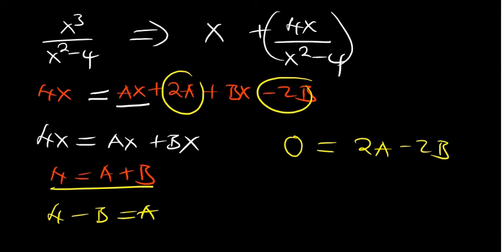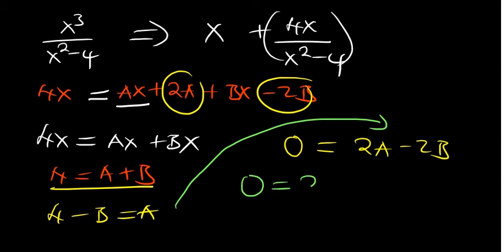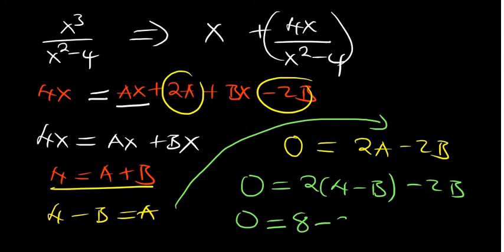And then if we get our A and substitute there, we're going to have 0 is equal to, for our A we have 4 minus B, minus 2B. So I have 0 is equal to 8 minus 2B minus 2B. So essentially we have 0 is equal to negative 2B minus 2B, that gives us negative 4B, plus 8.